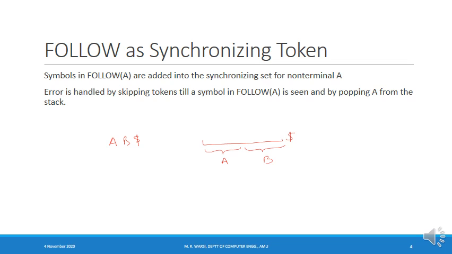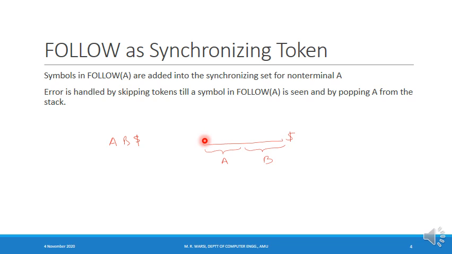Now, when I consult the parsing table, on top of the stack I have capital A, and this is the next input symbol. So when I consult the parsing table for A comma this symbol, I find that this entry is blank. So now the parser has generated an error.